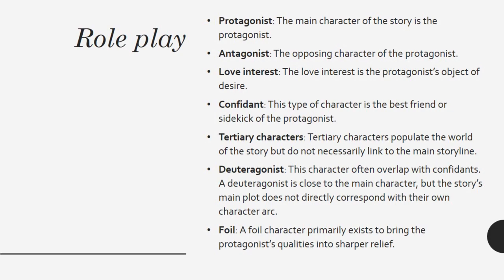The confidant is a type of character that serves as a best friend of the protagonist. The confidant moves with the protagonist, and the protagonist finds it comfortable sharing his ideas and feelings with this type of character. And this type of character plays the role of confidant.